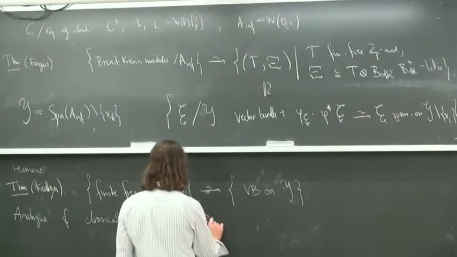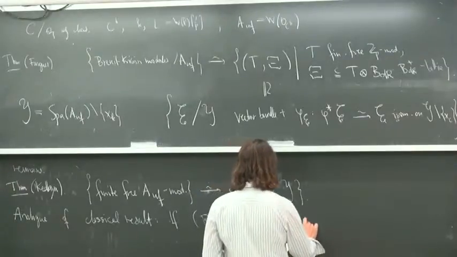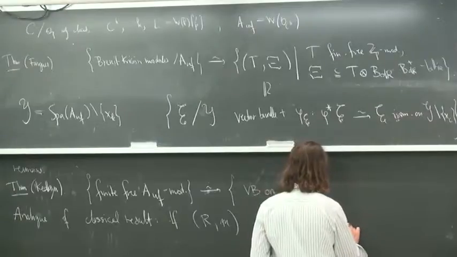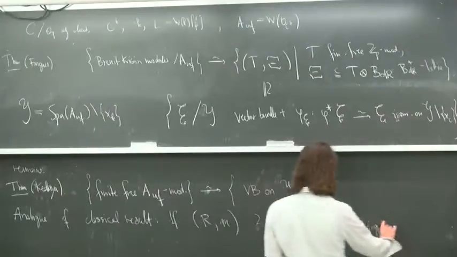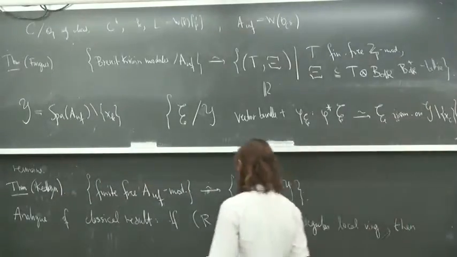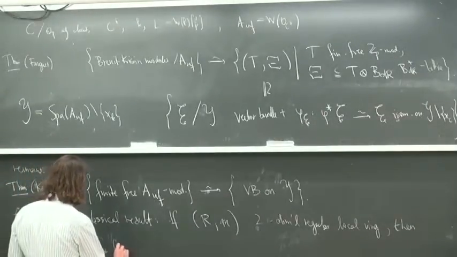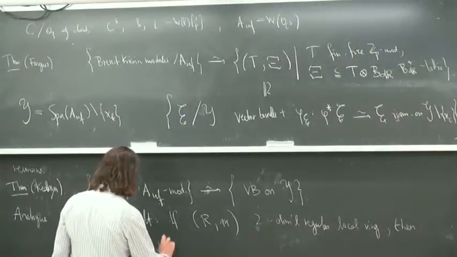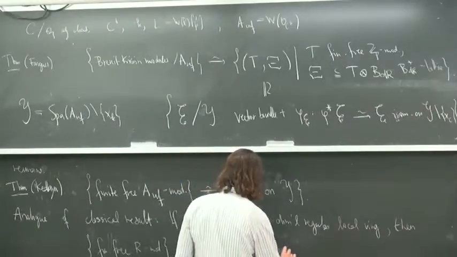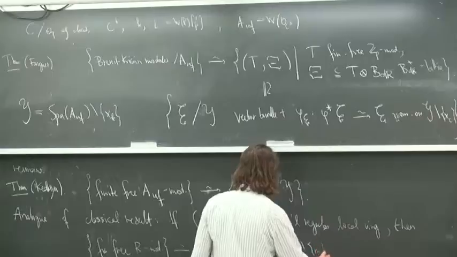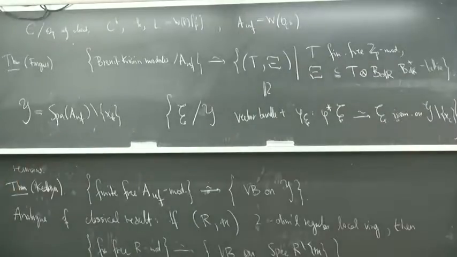So if R with the maximal ideal m is a two-dimensional regular local ring, then finite free R modules go isomorphically to vector bundles on the punctured spectrum. So all of them extend to vector bundles over the puncture.